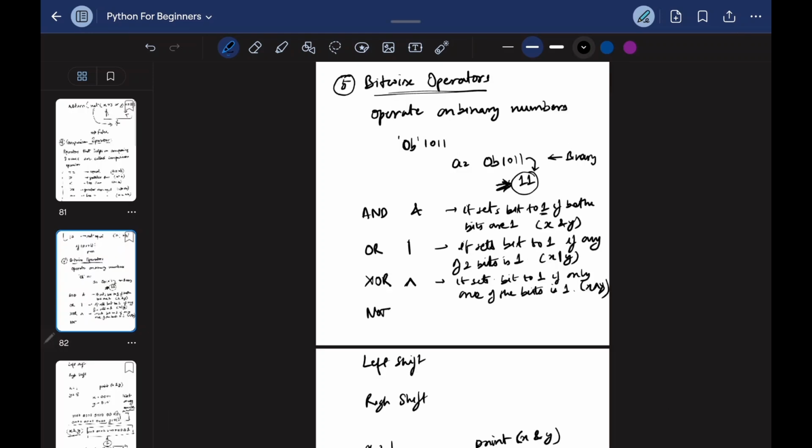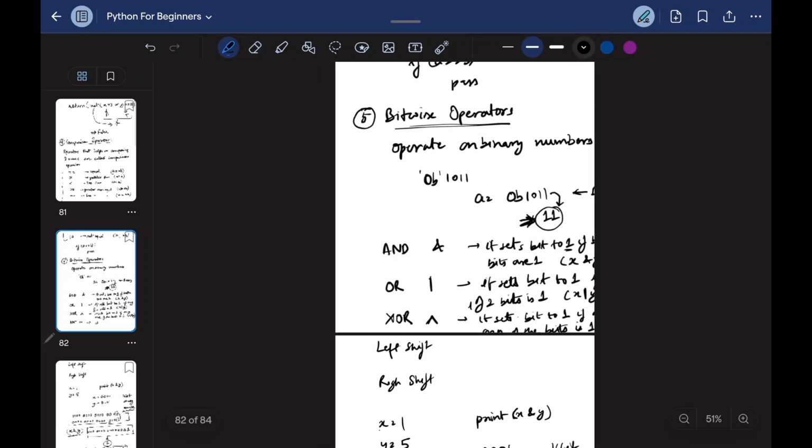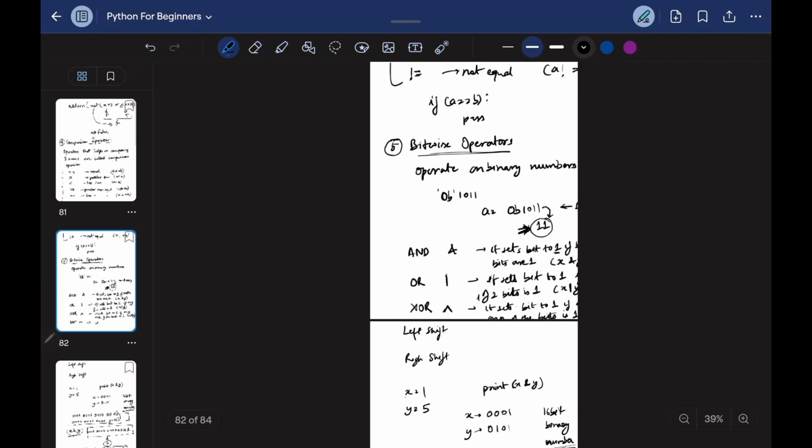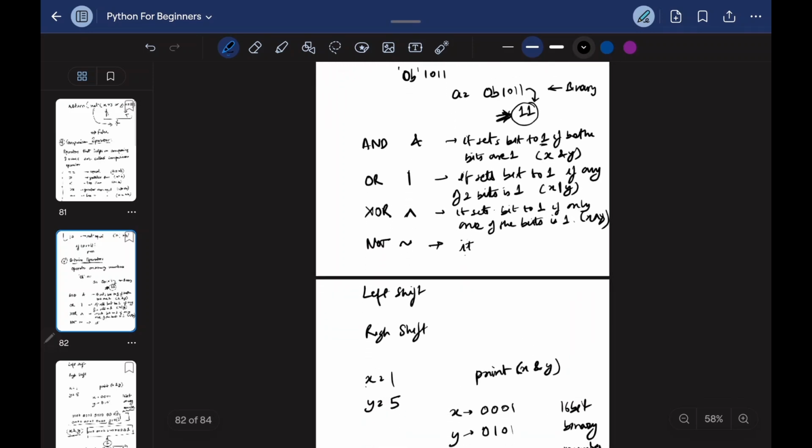Next we have the NOT operator. It is written as a tilde sign, and what it does is it inverts all the bits. So that is the symbol and syntax for this.